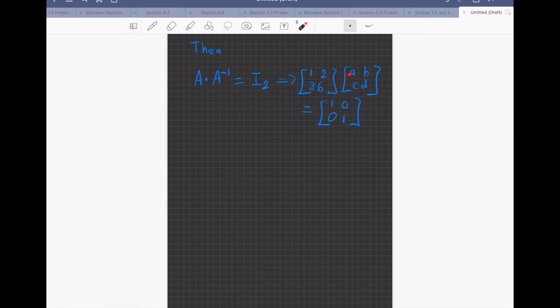So now I'm going to make the product of these two. Check the product for this one. Row 1 times column 1: 1 times a plus 2c, a plus 2c. Here, row 1, column 2: b plus 2d.